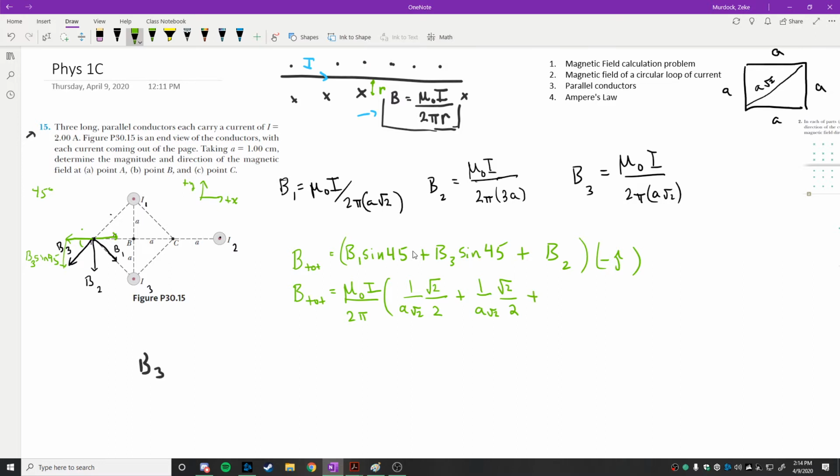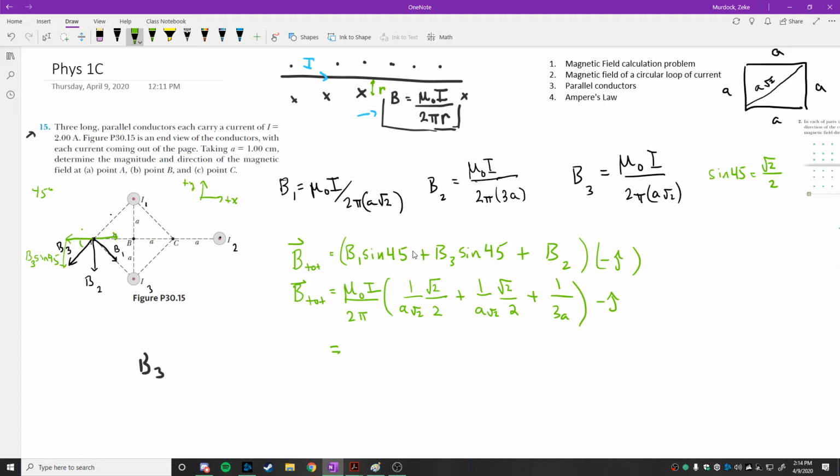And just to be clear, I'm replacing sine 45 with the square root of 2 divided by 2. And then the last term was just B2, and B2 had a 1 over 3a in it, right? And since we're putting the j hat on here, we should really be identifying this as a vector.